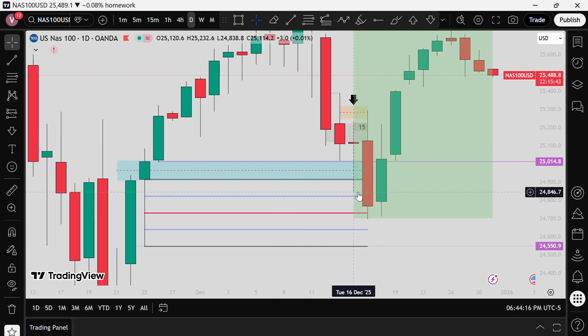If you see, it stayed just above the very first quadrant of the wick that we had graded and retraced all the way back up.